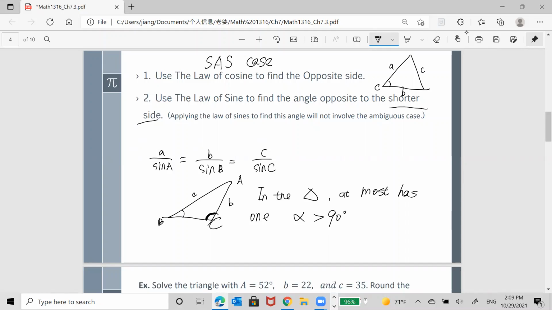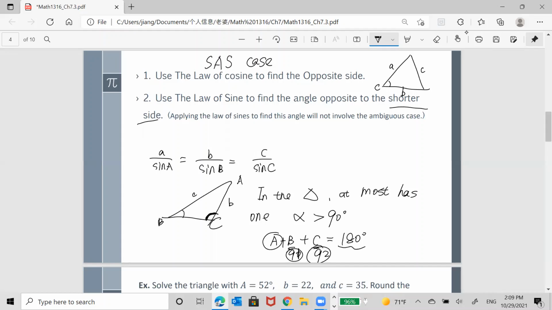Why? Because A plus B plus C must be equal to 180 degrees. If we have two angles more than 90, say this is 91 and this is 92, the sum of these two angles is more than 180 degrees. You can't have another angle be negative. That means at most one angle is greater than 90 degrees.